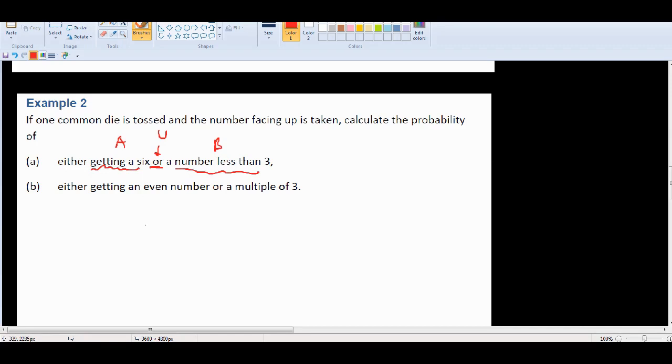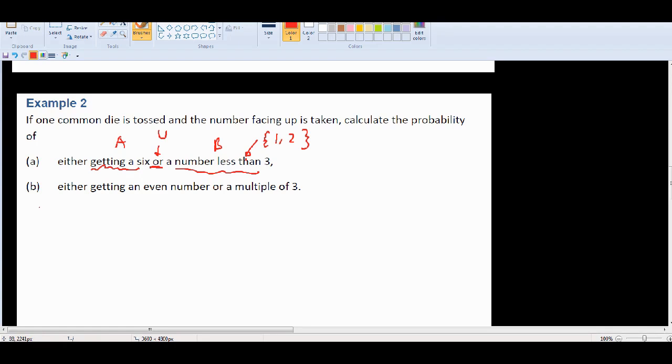Okay. Getting a 6, so let's say getting a 6 is A, less than 3 is B. Okay, so getting a 6 means 6, right? Less than 3 means what? Means you could have 1 or 2. Okay, so 1 or 2, when you compare with 6, they are mutually exclusive. You could get 6 or you could get 1 or 2, but you can't have both, right?